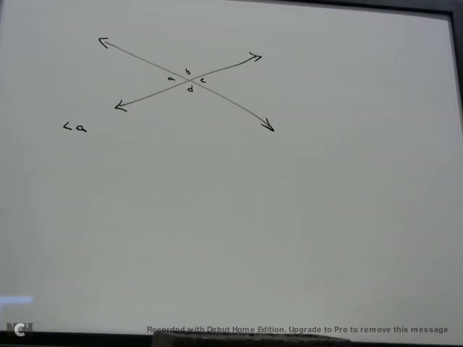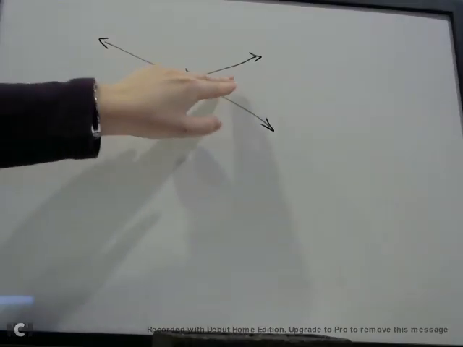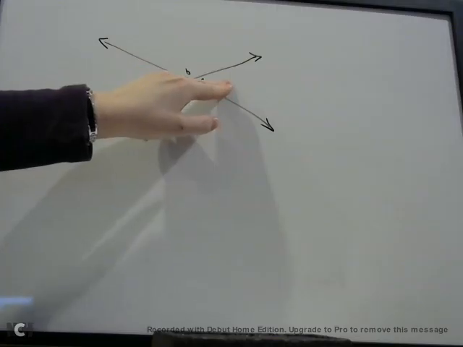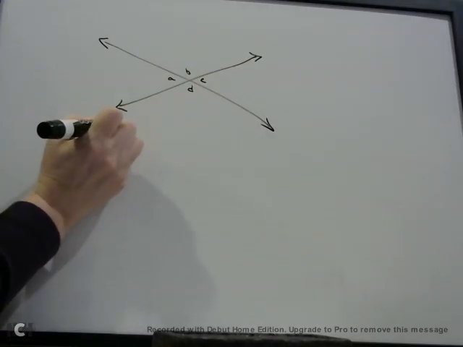The thing to know about vertical angles, or angles that are formed by two crossing lines, is that the opposite angles are equal to each other in measurement. So here, the measurement of angle A will be the same as the opposite angle, which is C. So angle A and angle C equal each other.